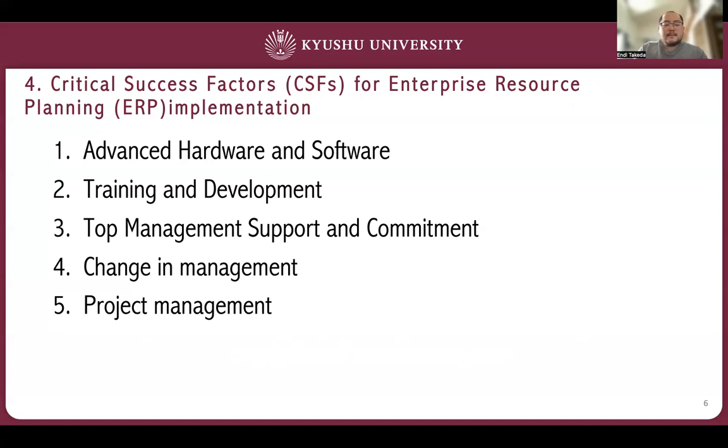The company should have the most up-to-date technologies, hardware and software, so that when they implement their new ERP system, they can have the best performance and don't fall behind their competitors, because it takes a lot of time, effort, and money to do it.